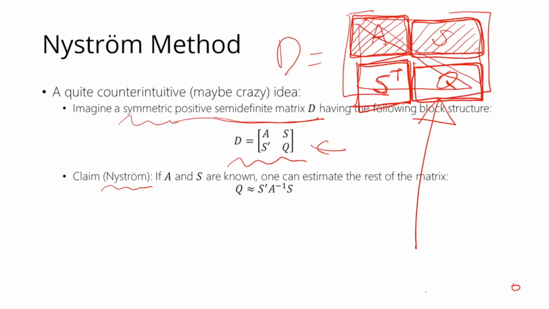The value of Q is determined by this relationship: Q equals S transpose times A inverse times S.